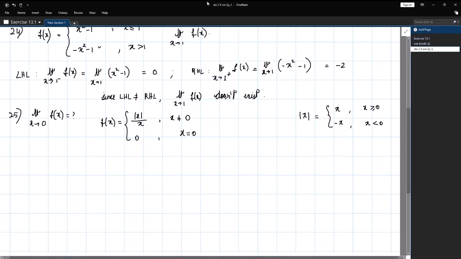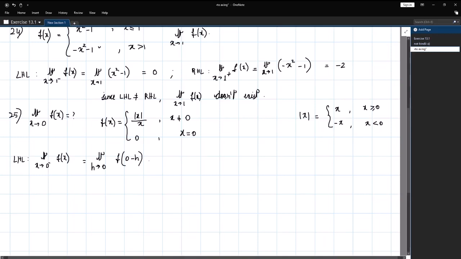So again we'll find the left hand limit as well as the right hand limit. The left hand limit is limit x tends to 0 minus of f of x. So we are approaching 0 from the negative side. This can be written as limit h tending to 0 of f of 0 minus h.